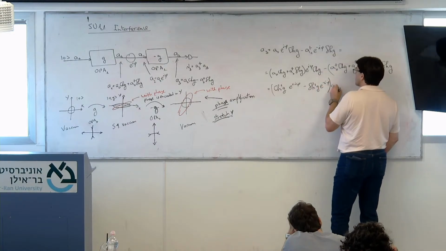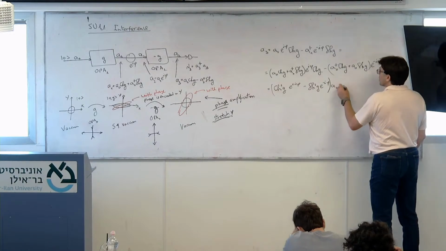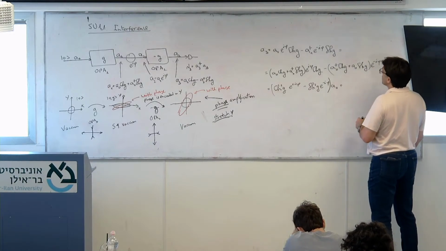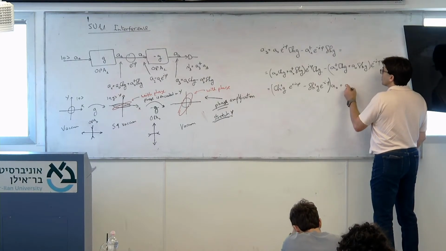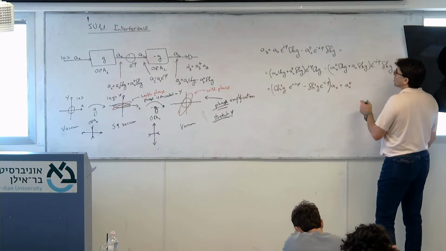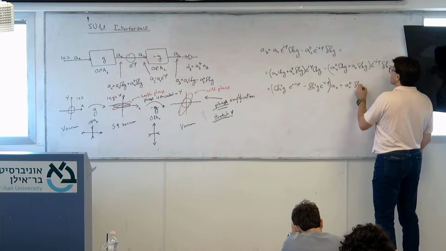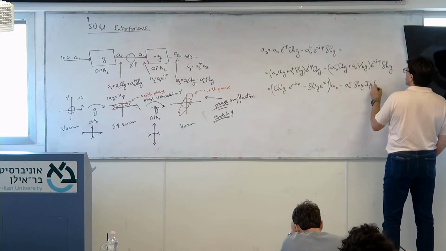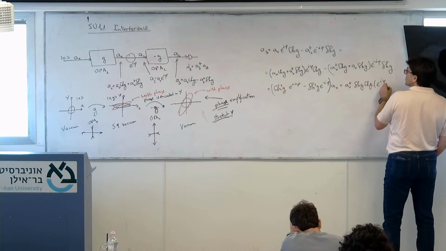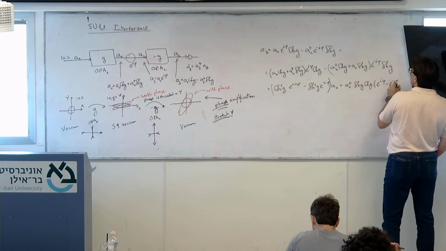This multiplies A0, and then plus, let's see, A0 dagger times hyperbolic sine g hyperbolic cosine g times e to the i phi minus e to the minus i phi. I think that's about correct.